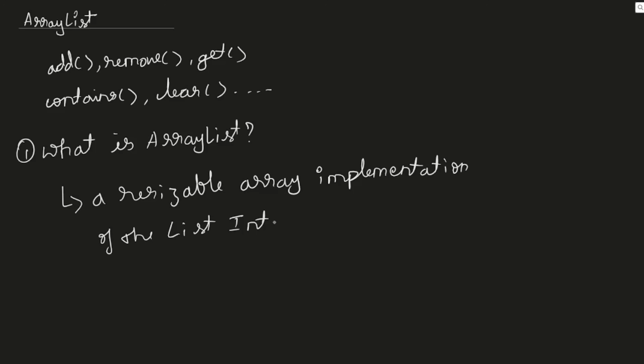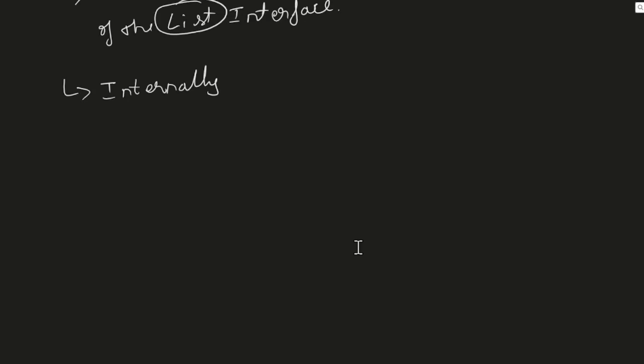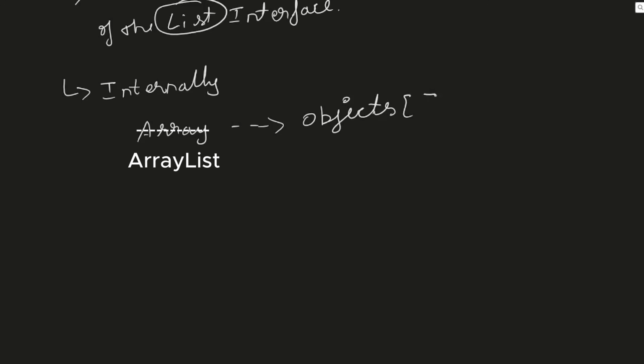We have discussed in our previous video that ArrayList is a class which implements the List interface. And the second point here is, internally, an array is nothing but a group of objects. You can say it as a collection of objects.